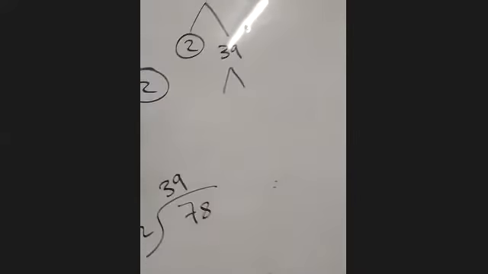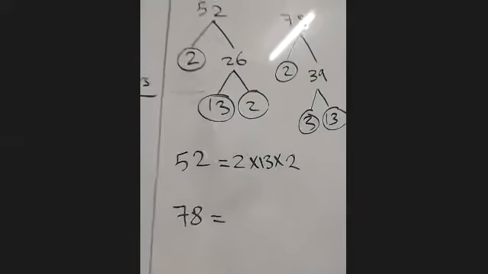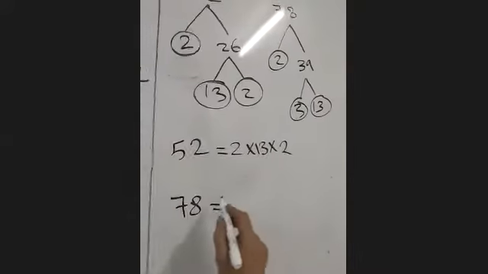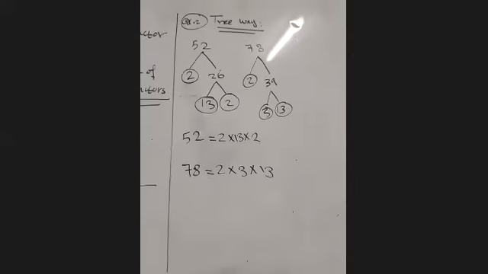Yes, it's easy. Now, after we finish the tree, we take this 52 and write it here and put equal, and take this 78 and write it here and put equal. The 52 equals the product of the circled numbers only. So 52 equals 2 times 13 times 2. The 78 also equals 2 times 3 times 13, right? Yes.